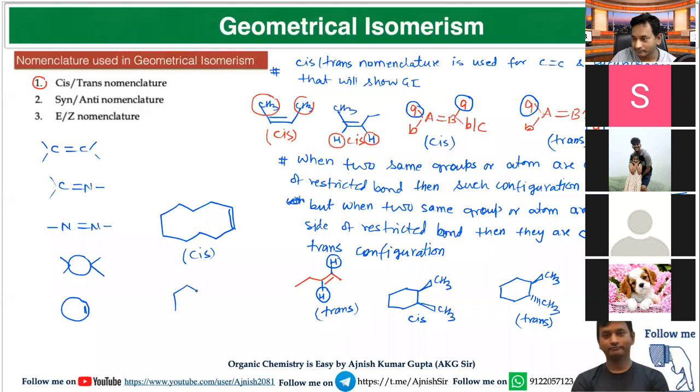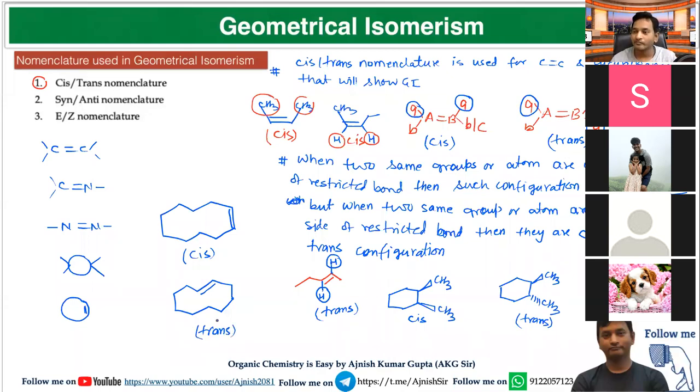But if I place the double bond at this position, is it cis or trans? Trans. Here hydrogen and alkyl groups are opposite, so this molecule is called trans.